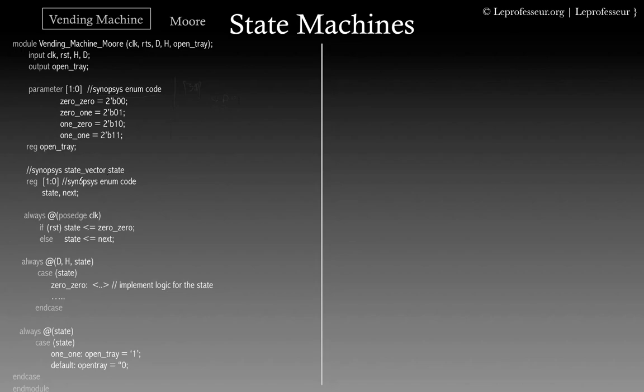Now that's again the Synopsys keyword to guide the Synopsys tool, that now it is our state vector, state and next, so that the tool will not mess around with our code. Now this is important that you have this state.